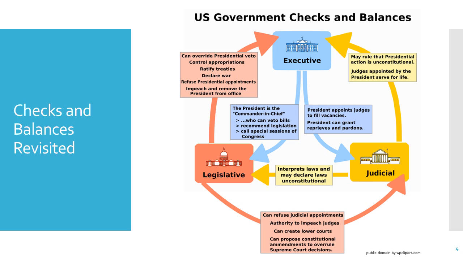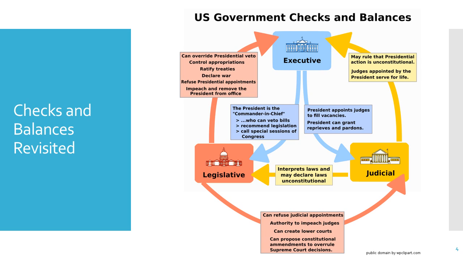Speaking of making our government very slow, let's just do a quick review of the checks and balances system. So, you remember that the executive branch has the ability to check judicial power because the executive branch gets to appoint judges and fill vacancies.